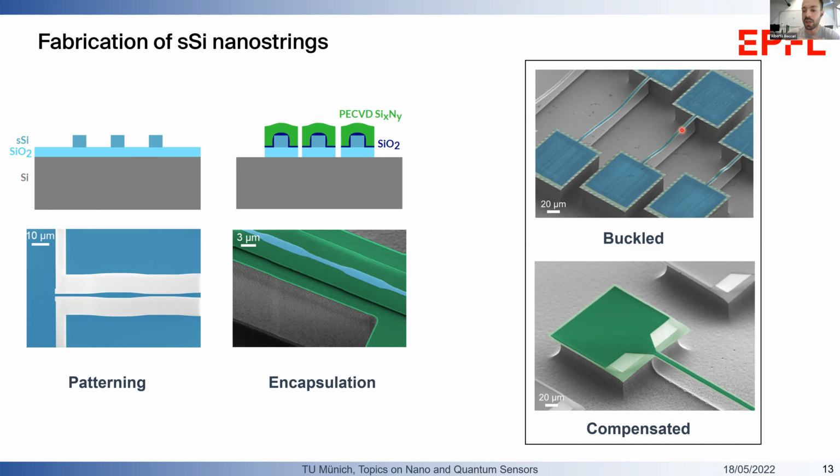And eventually, if you make even higher aspect ratio strings, they will just collapse completely. So we used a pretty thick layer of PECVD silicon nitride, which is painted in green, which has tensile stress to compensate completely the compressive stress of the buried oxide and keep the nanostrings fully flat and tensioned during the undercut process. And then the yield is excellent after this.